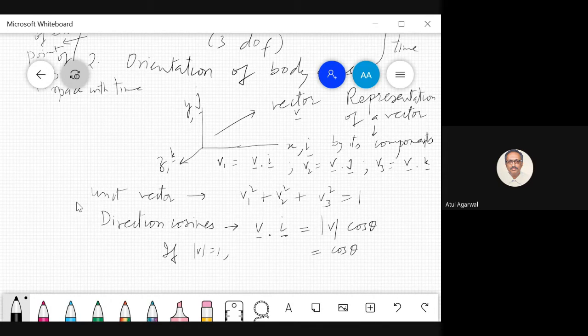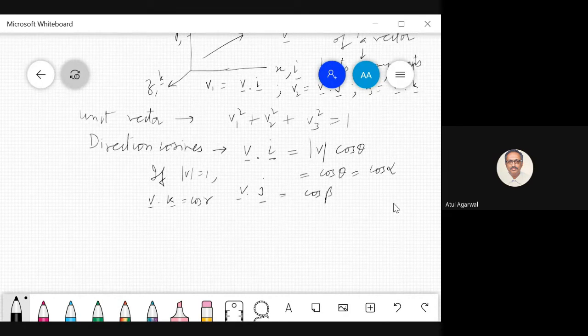So you get the cosine of the angle of vector v with the x-axis. This is your first direction cosine. If you take v dot j, you will get the cosine of beta, and then v dot k will be cos of gamma, calling the angle with x-axis alpha. So you have got three direction cosines: cos alpha, cos beta, cos gamma.